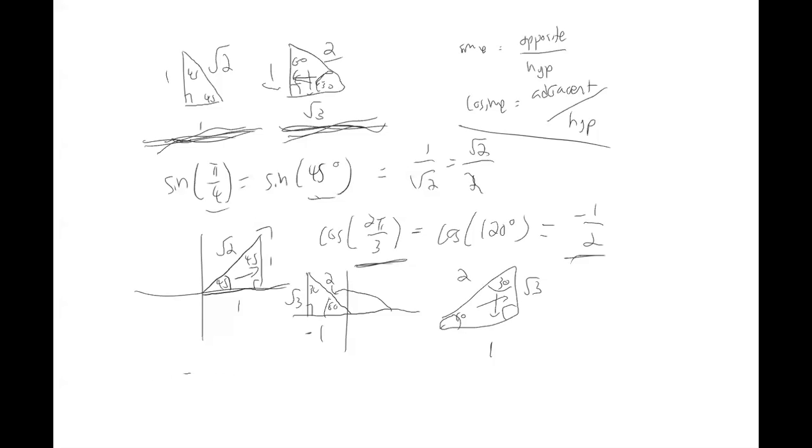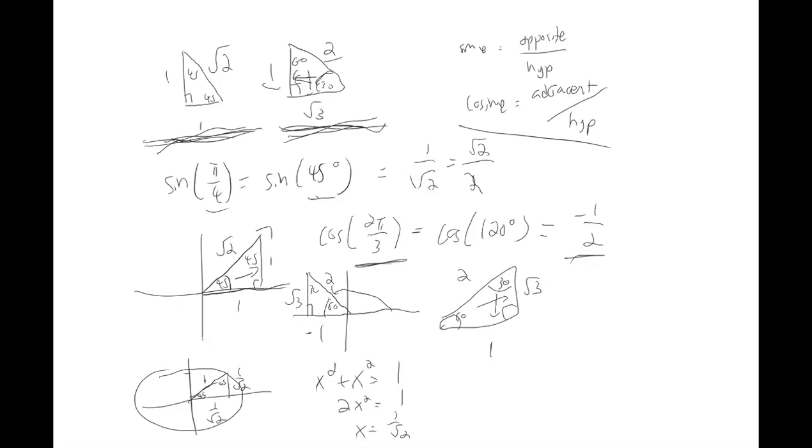Oh, okay. The ratio is the same, right? I'm taking my angle. If you want this to be 1, the ratio will still be the same. Because if this is 45, you have x and x, so x squared plus x squared is 1. So 2x squared is 1, and x is 1 over root 2. So if you want to be on the unit circle, it's going to be 1 over root 2, 1 over root 2.